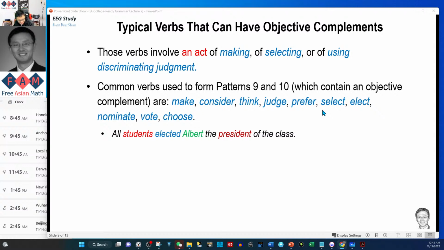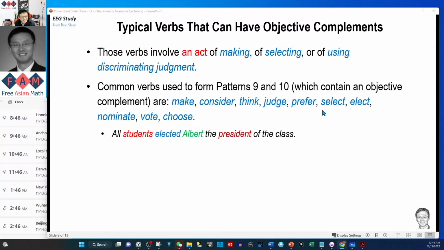All students elect Albert the president of the class. So elect is such a verb. Elect Albert to be the president of the class, right? So elect Albert, if we don't have that, that also makes sense.